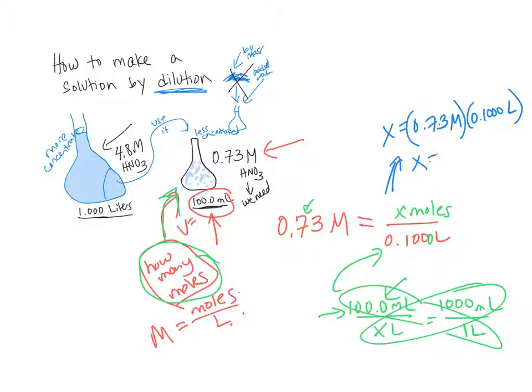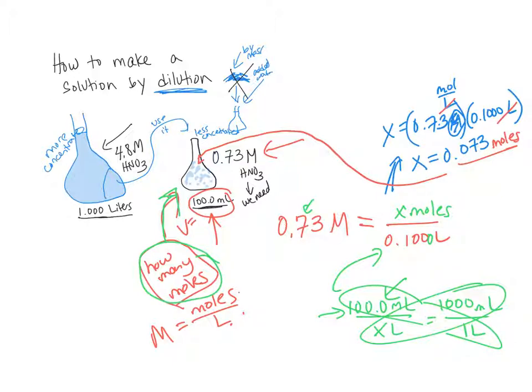So X is equal to 0.073, and let's think about what our units would be. Big M right here could be rewritten as moles over liters. So when we multiplied this by this, our liters canceled, and our unit here is moles. So that's how many moles we need to have in our flask.